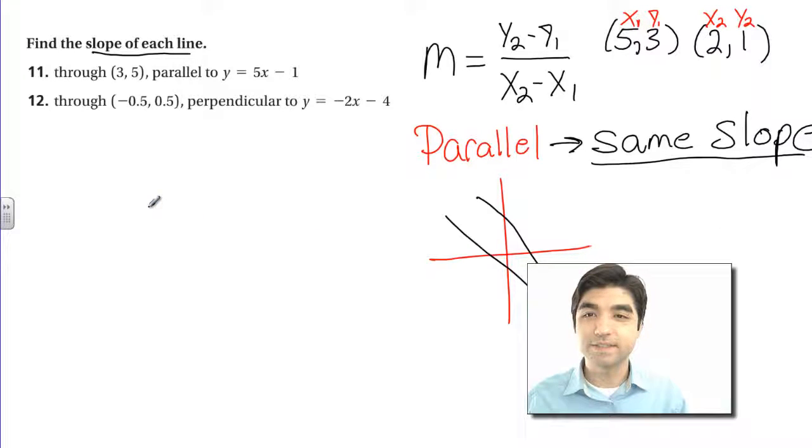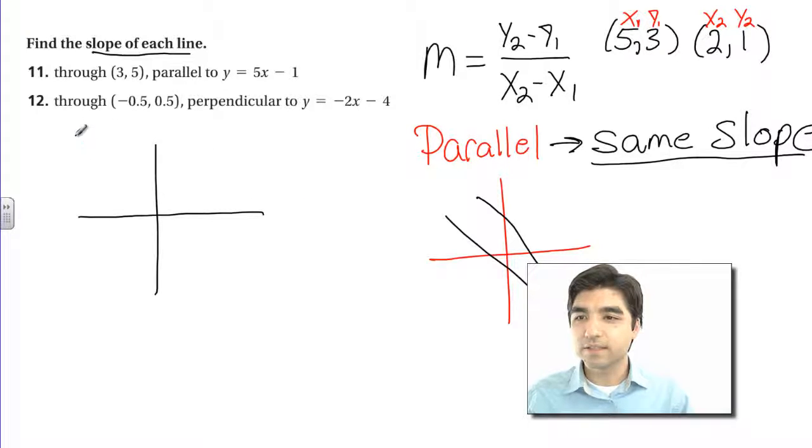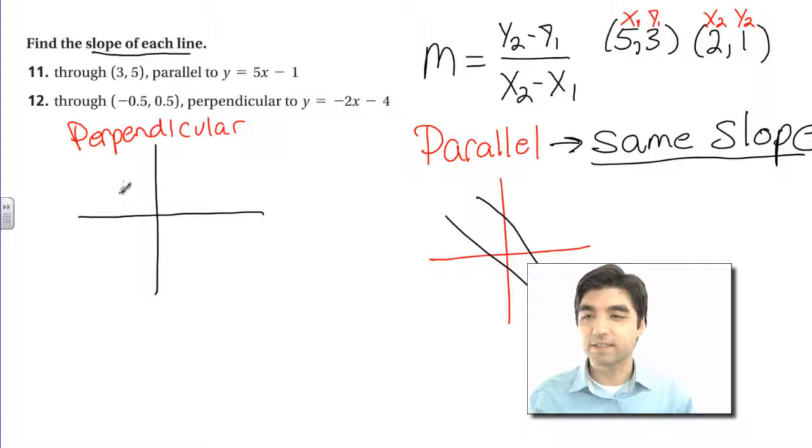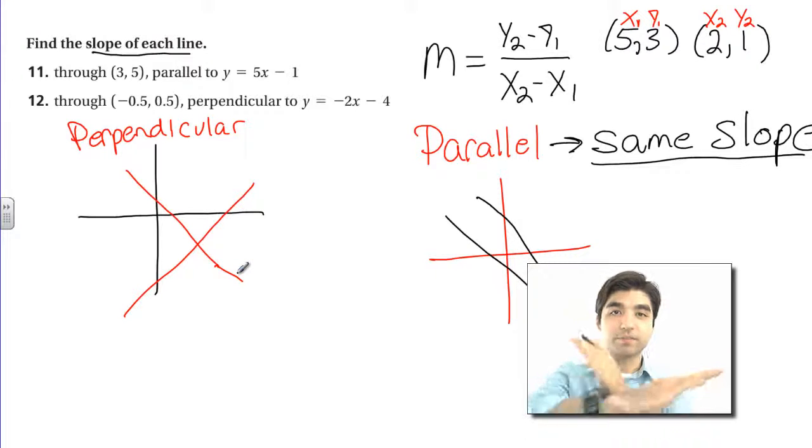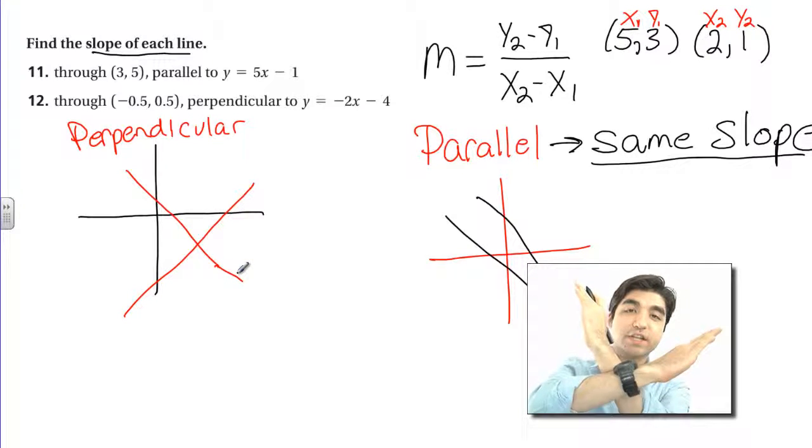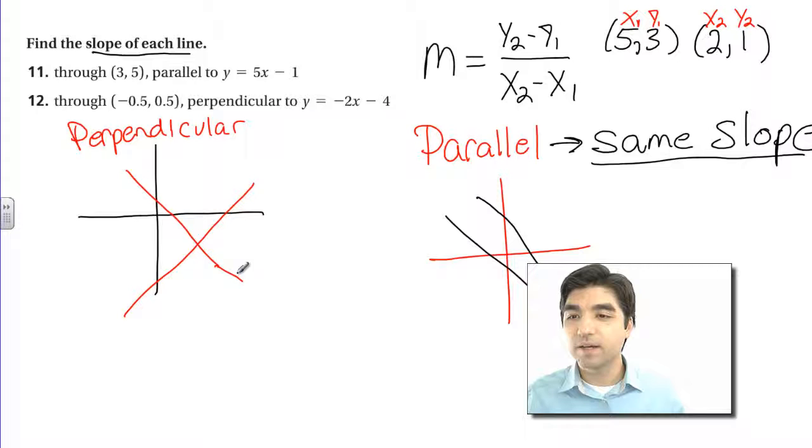Okay, and for perpendicular lines, let me draw perpendicular lines. The key thing to know about perpendicular lines is, say you got a line that goes this way, and you got a line that goes this way. Those are perpendicular, the ones that cross each other at 90 degrees.